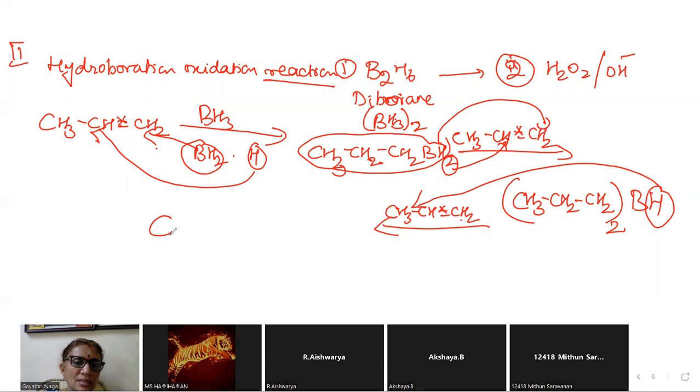So the alkyl part becomes 3 times, thrice. And now you are not left with any H on B. So in 3 steps, all the hydrogens are substituted by alkyl groups. So we get trialkyl boron.